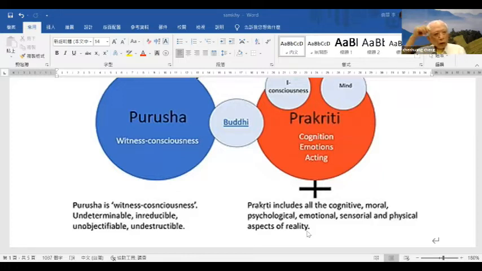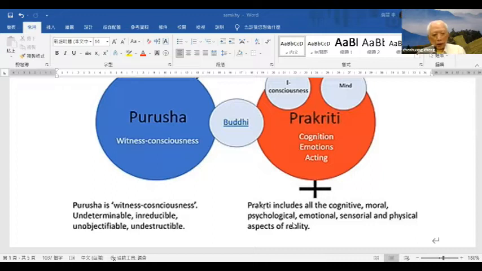Prakriti includes all the cognitive. Cognitive is a kind of mental function, and then the moral aspect. It means that we can obtain liberation or emancipation of the Purusha from our moral practice, in order to let Purusha transcend Prakriti, or to let Purusha be no more controlled by Prakriti.